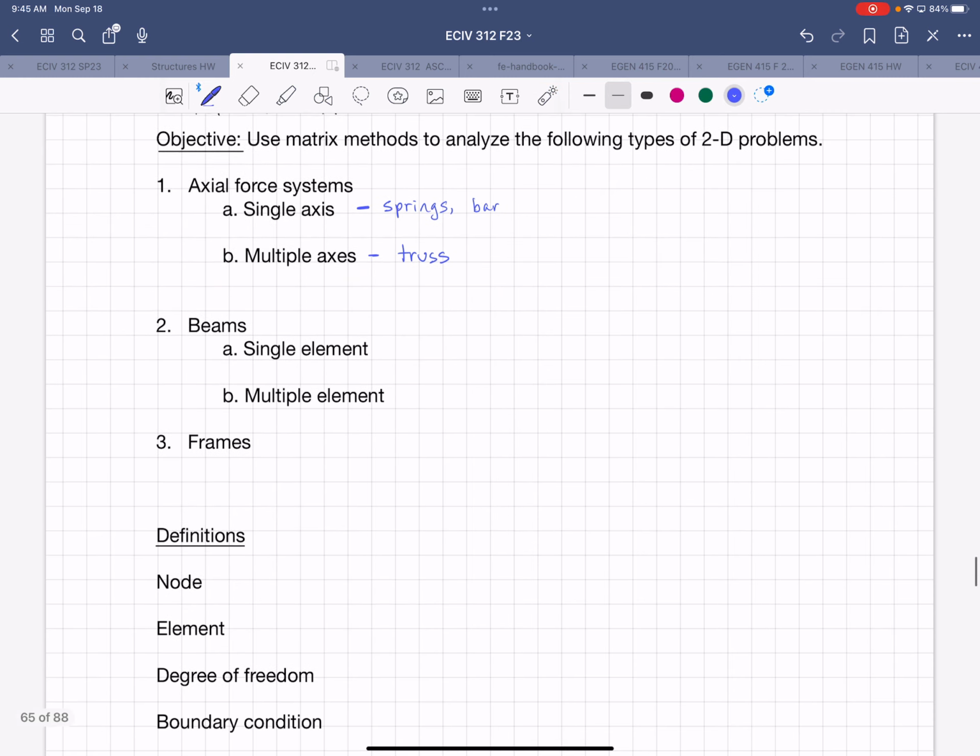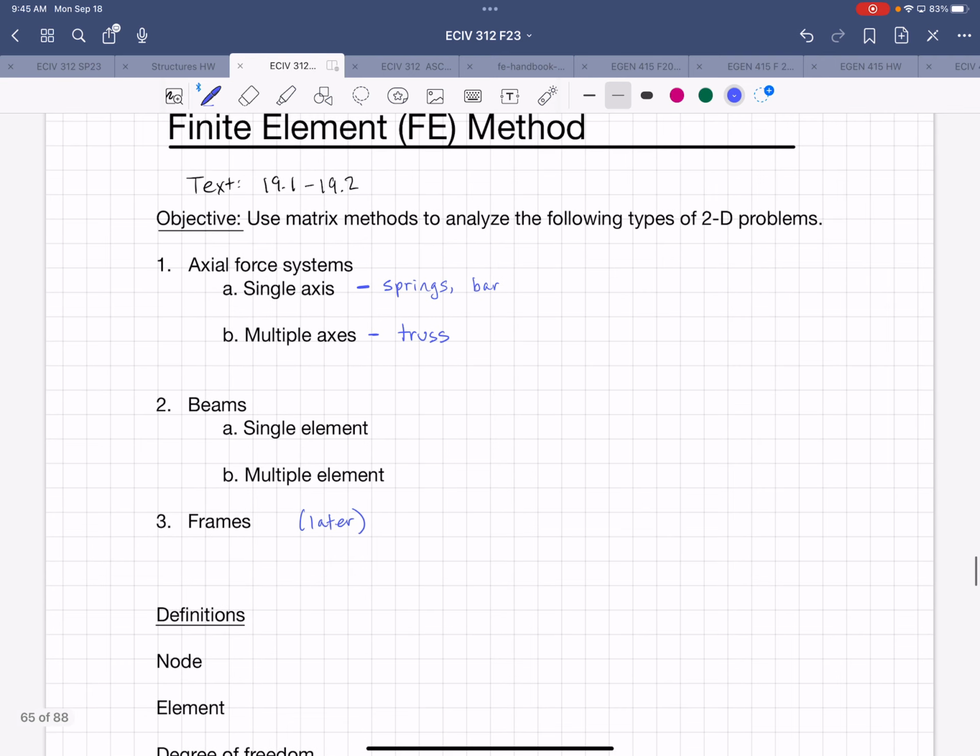And then we'll look at beams, all right? So we've got single element and multiple element beams. And then later in the semester, we'll look at frames. Now, frames are essentially the combination of the previous two items, right? So we'll be adding single axis axial force system behavior, which is axial only, together with beam behavior, where you have shear and flexure, right?